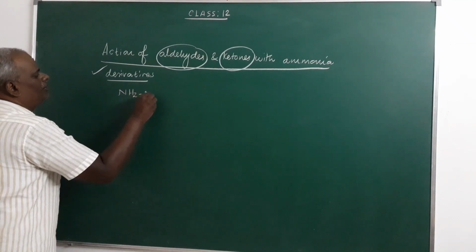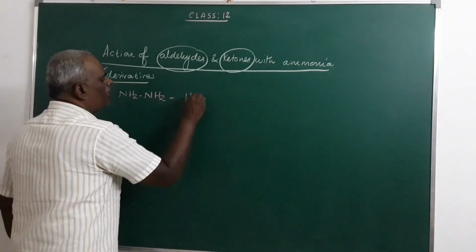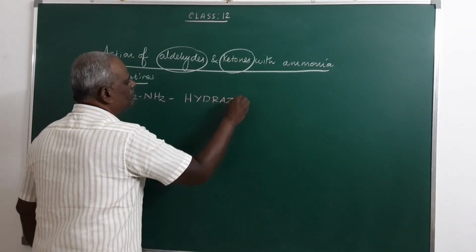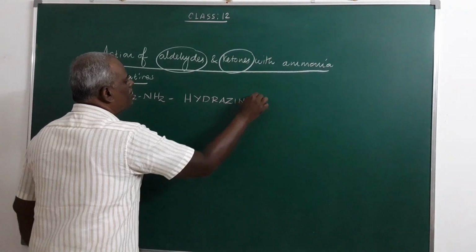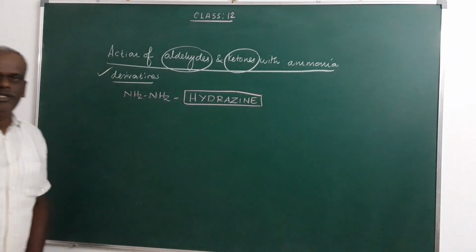NH2 NH2 is also an ammonia derivative. You must know the name of this compound. The compound is called hydrazine, one of the ammonia derivatives. How is this going to give a product with our aldehydes and ketones?